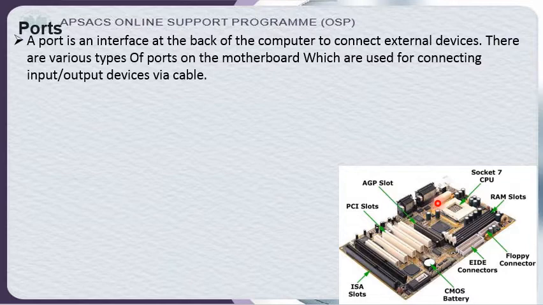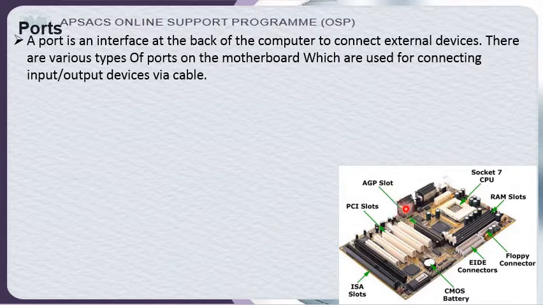These ports are used for connecting input-output devices through a cable or wire. Whenever you want to connect a USB drive, there is a USB port. Whenever you want to connect your mobile to the computer, you connect it through the USB port.